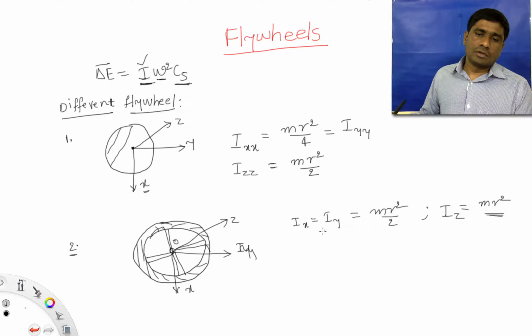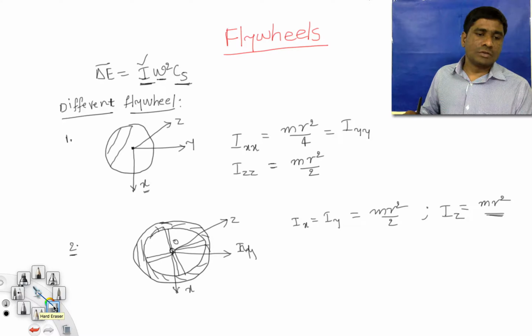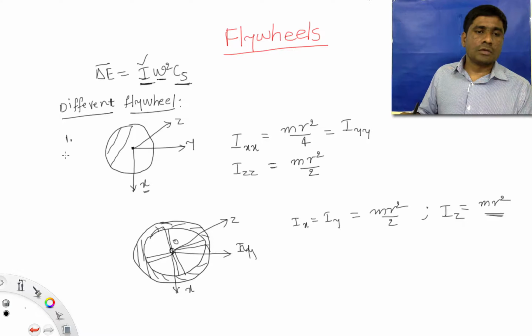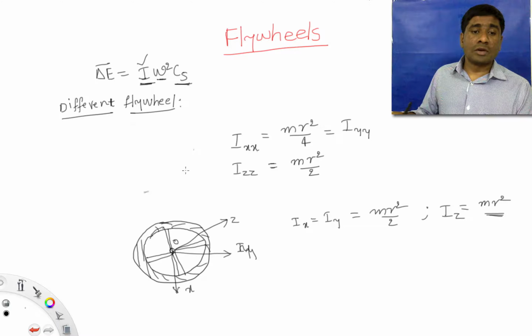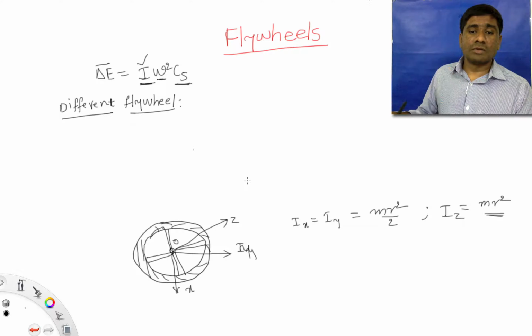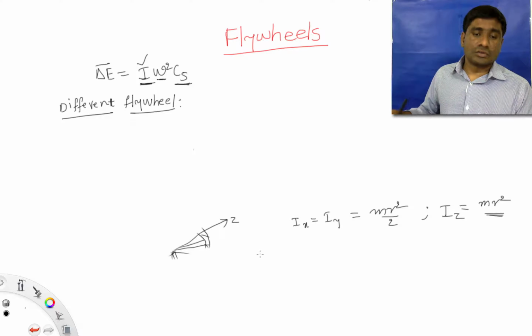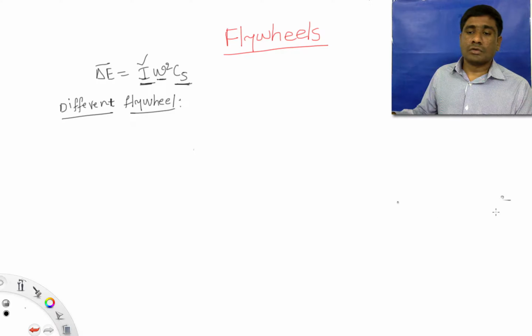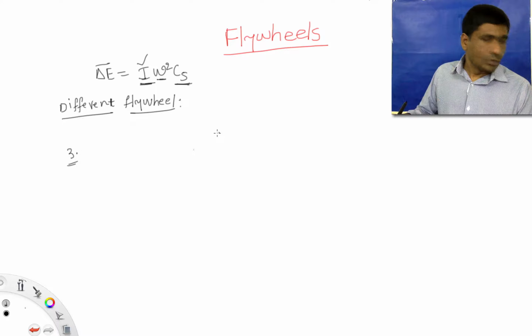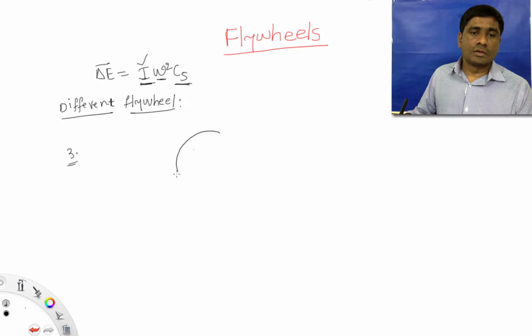So these are the two popular flywheels that are in use, and sometimes we may come across another type of flywheel, that is a torus type. If it is a torus type, then we'll see what would be the Iz. A torus is like a donut.